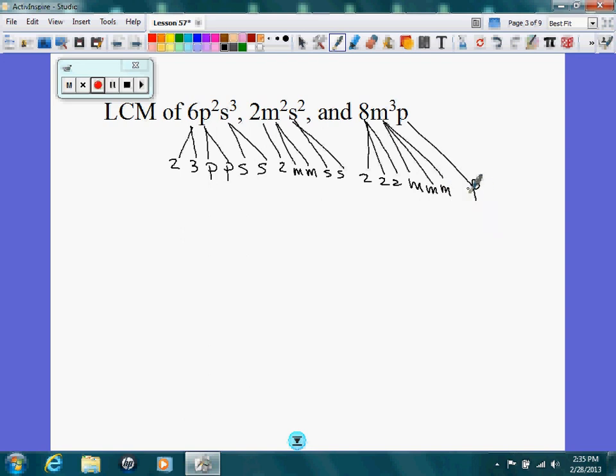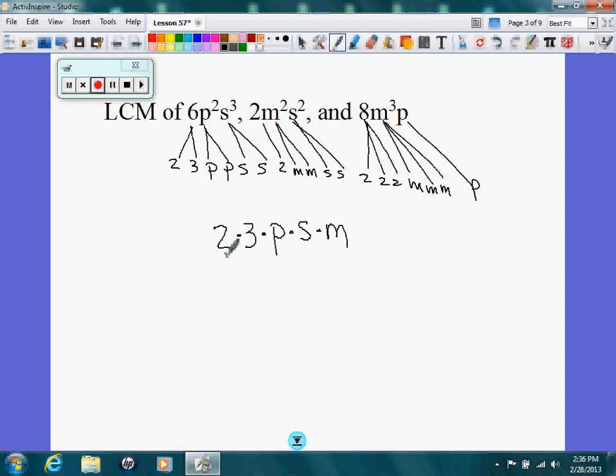Okay, so our prime factors are a 2, a 3, and I believe that's all the numerical factors. We have a p, we have an s, and we have an m. Is that all? Let's see, we got p's and s's, m and s, m and p. There are all of them.